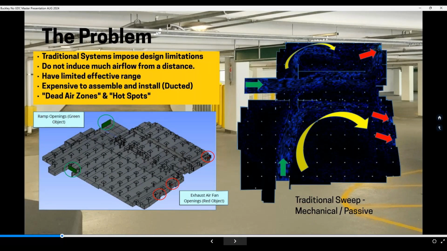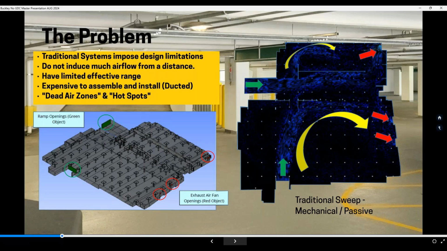And the process of CFD analysis at this stage is to understand airflow and its patterns. And you can see here, you have green arrows that represent the passive airflow through the rampways, and you have the red arrows that indicate the mechanical extraction points by exhaust fans.